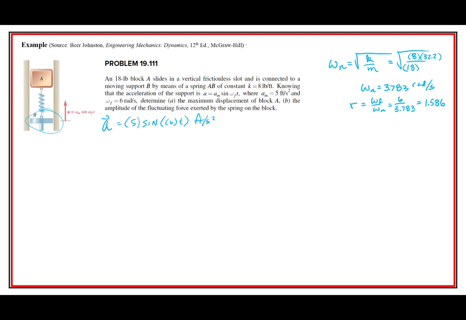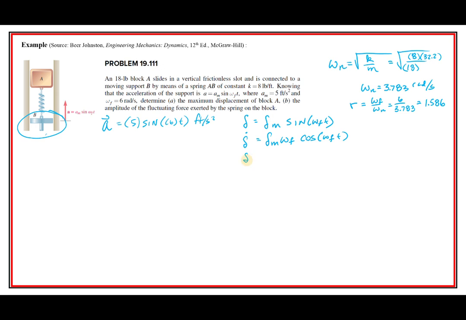Let's see, other things. We can find the magnitude of the motion of this piece, because working backwards, if we had, let's call it del, del is equal to del m sine of omega f t, then del dot would be del m omega f cosine of omega f t.